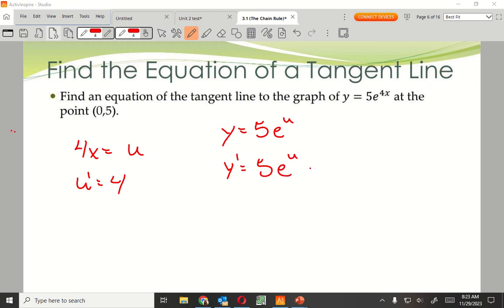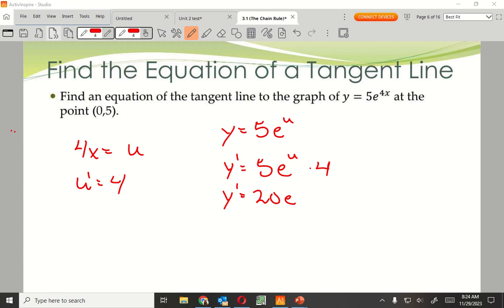Now, chain rule says derivative of the inside times derivative of the outside. I identified my inside as 4x, my u, so I'm going to take this one and multiply by 4, and then I'm going to end up with y prime is 20e to the, now, what do I do?